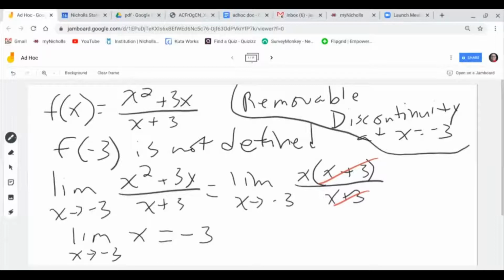What that means is that if we define this function f of x such that it was this most of the time, but when x is equal to -3, we defined it as just being -3. We just changed that definition for that one value for the function. Boom, it would be continuous. And so that's why it's a removable discontinuity at x is equal to -3.